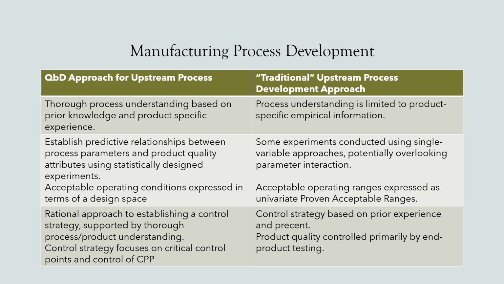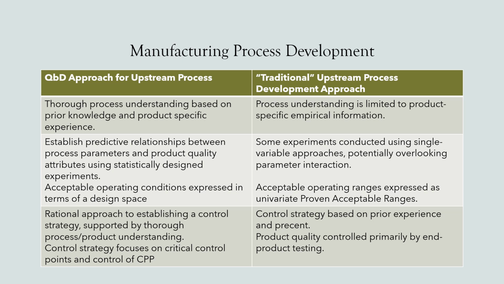Whereas with the traditional approach, you may do experiments on single variables and might, for example, overlook other parameters and interactions. Again, I think that is a very simplistic way of looking at the traditional upstream approach, but that's based upon my own experience.